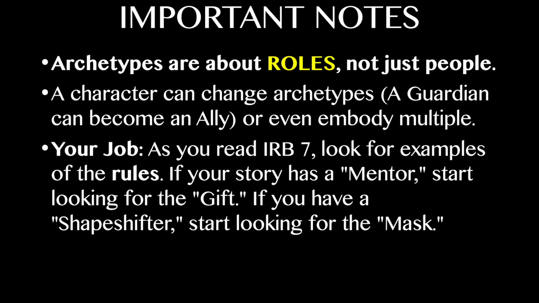And I'm going to look for those, and that will help me figure out what's going on here. A lot of these rules have to do with what happens later in a story. So that should also help you understand that if this person is that archetype, then this other thing must happen later in the book, and I can make some good predictions.